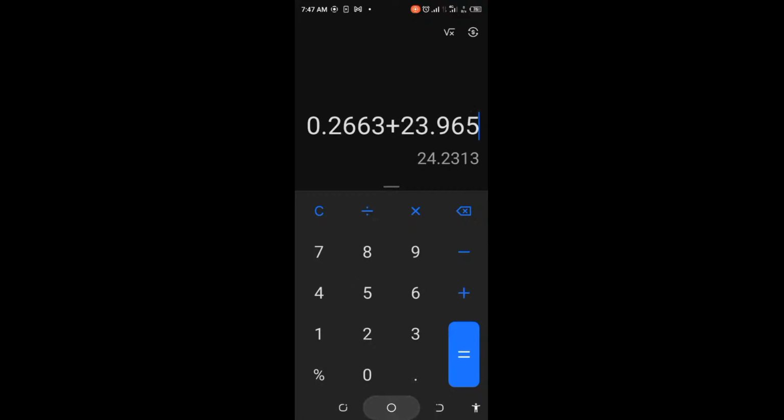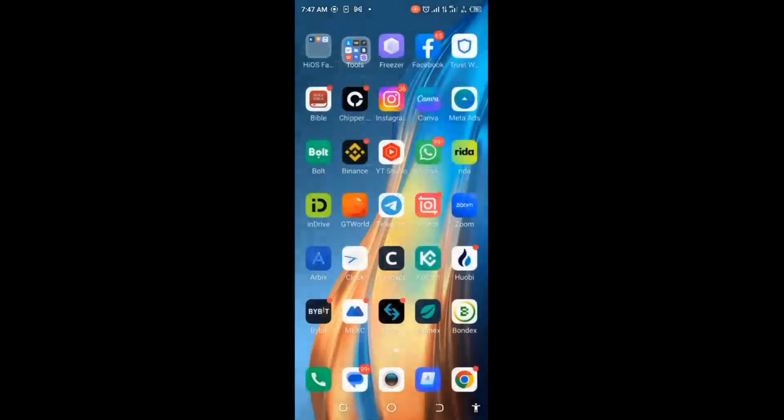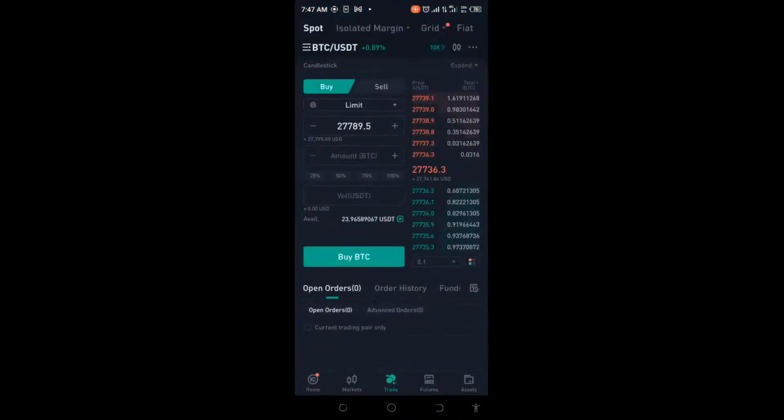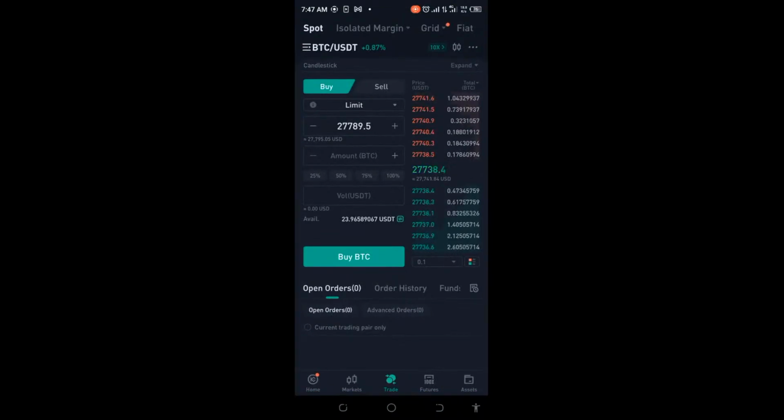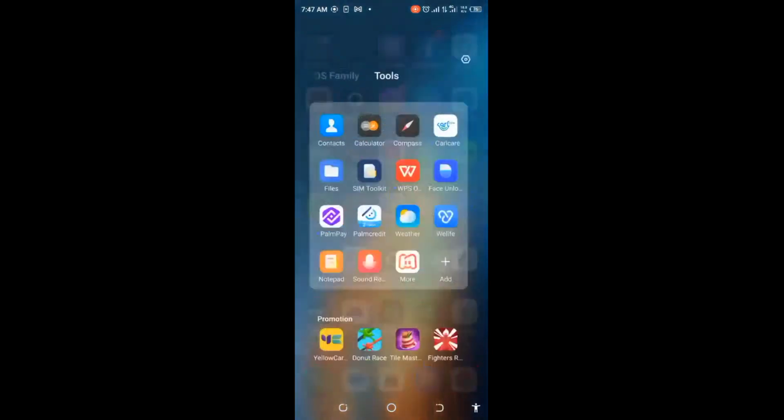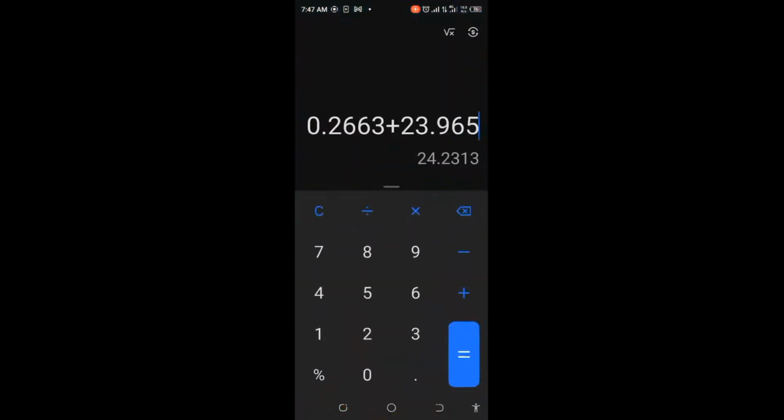Let me check so that we don't put values that are not right. Okay, 9658. I'll just take four figures after that.